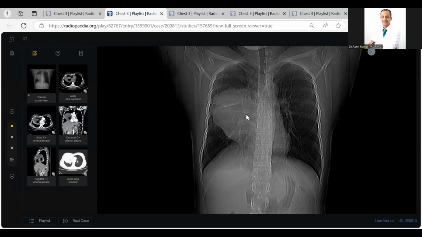Did you mention whether there are hilar lymph nodes or not? See, this is very important. My colleagues, the examiner wants to hear some buzzwords from you.